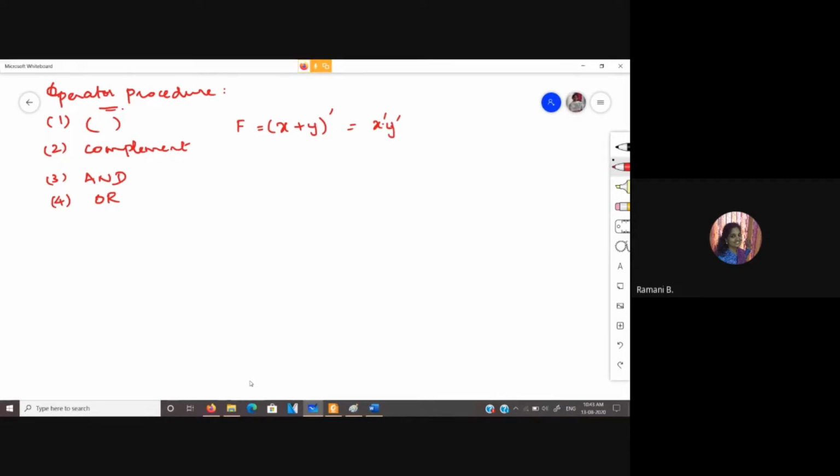As per the operator precedence, on this side of the expression you will initially compute x OR y, because that is inside the parenthesis, and next you give the complement to the obtained result. For the right hand side of the expression, you first obtain the complement of x and complement of y, then you perform the AND operation between these two. That is what you need to remember with respect to operator precedence.